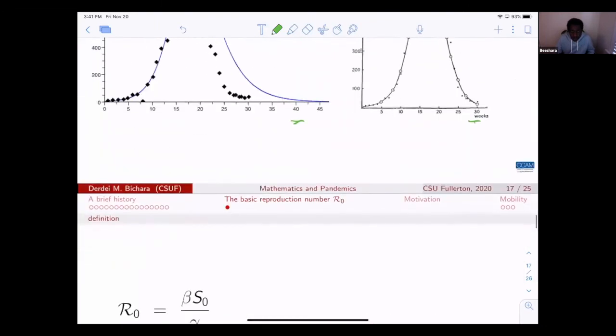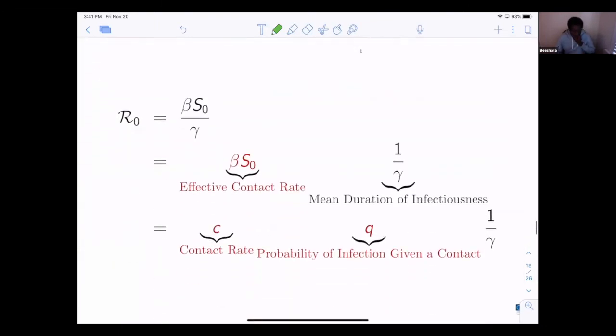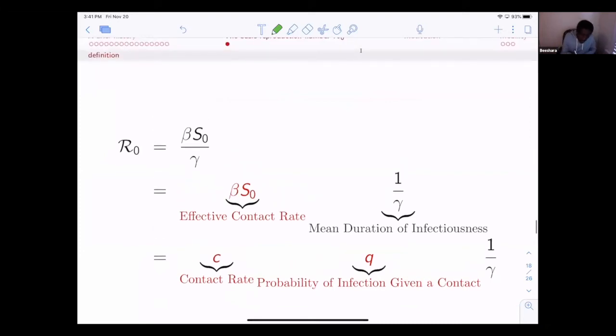Okay. So we saw earlier R0 is one of the most important concepts in epidemiology, right? So let's try to focus more on what it actually means. So beta times S0, that is the contact rate of susceptibles.